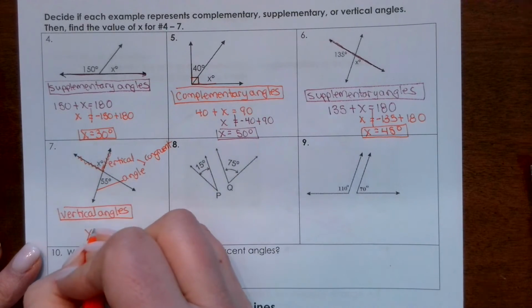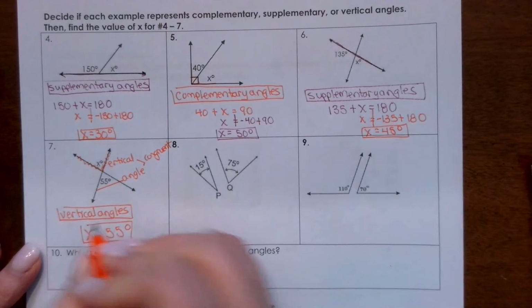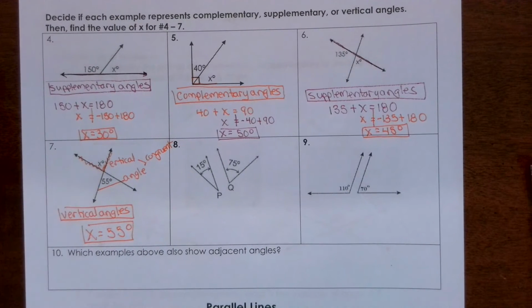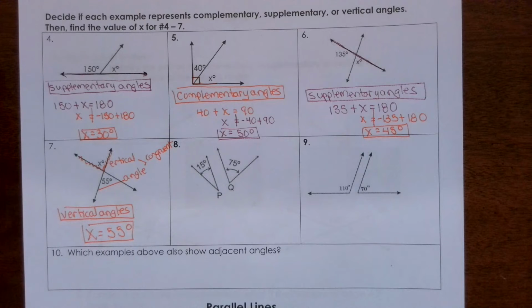So angle x will equal 55 degrees because it is the same measure as its vertical angle. Now, numbers 8 and 9, I'm not solving for x. I'm just trying to figure out what type of angles I've got. These are clearly not vertical angles, or they would be the same measurement.